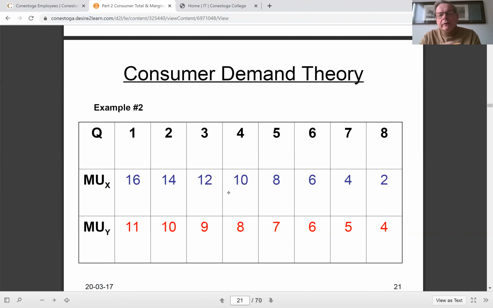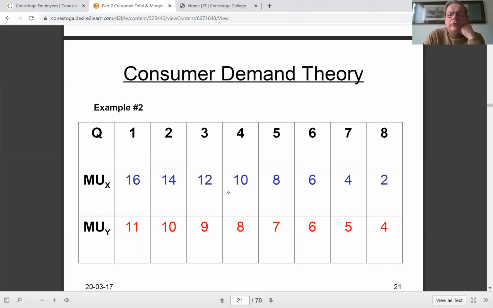So you have to spend the $12 in such a manner that you maximize your utility. And one of the conditions is it has to be an unbiased approach. So the number of X's and the number of Y's that you buy have to be given an equal or a fair chance of being bought. So one of the first things that we have to decide is how are we going to spend our money, and to give X and Y an equal opportunity.